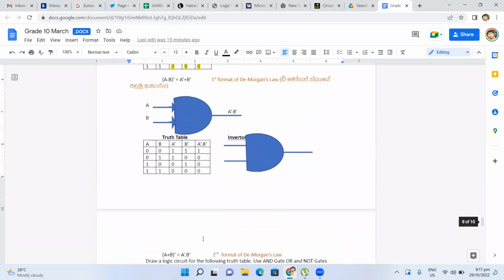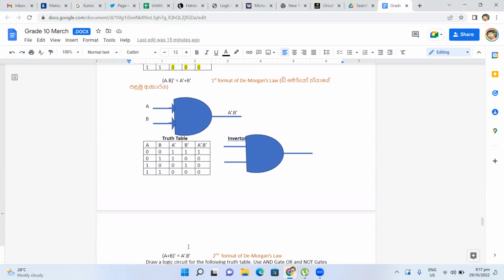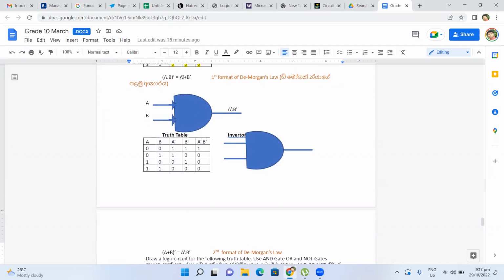And similarly, this is the second format. For A OR B, everything NOT, the common NOT can be distributed to A and B individually, and the middle symbol can be changed. Okay, so you can write the first format and second format of De Morgan's law there.